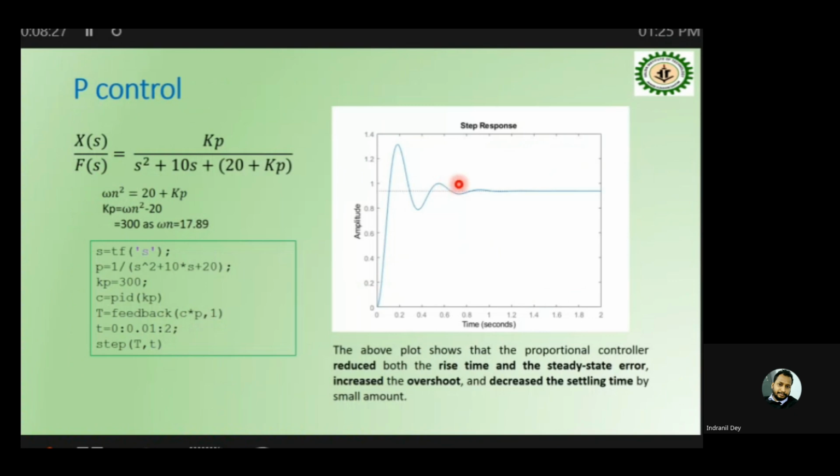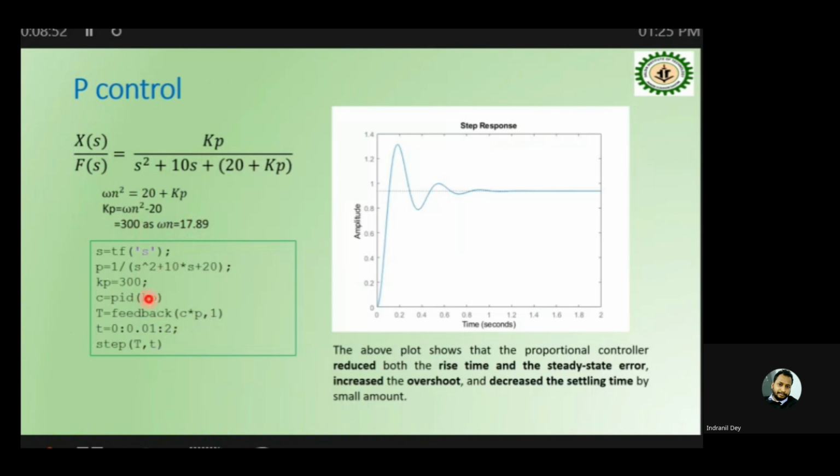For that response, we'll first introduce P control. For the P controller, the transfer function becomes Kp by (s square plus 10s plus 20 plus Kp). From the given question, the value of omega n is 17.89. If you use that, you will get the value of Kp equal to 300.